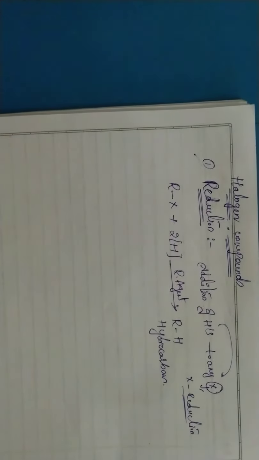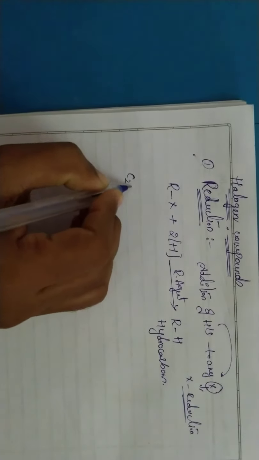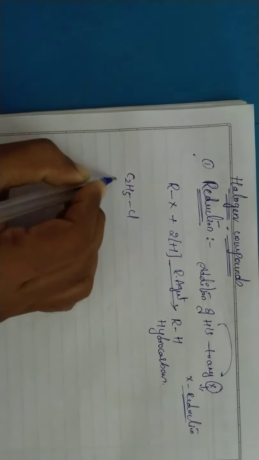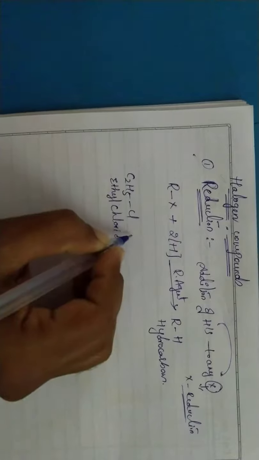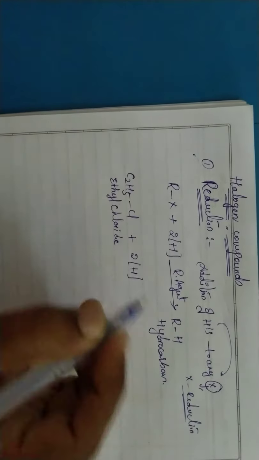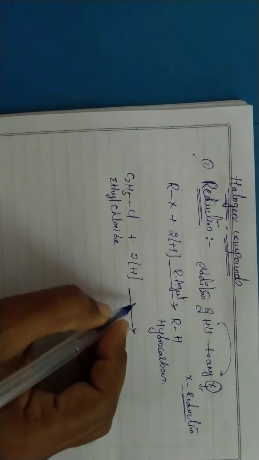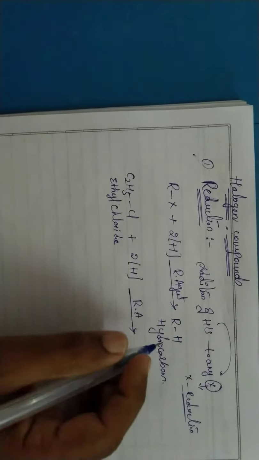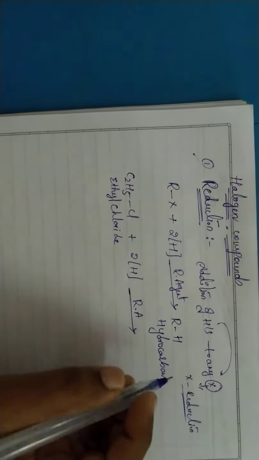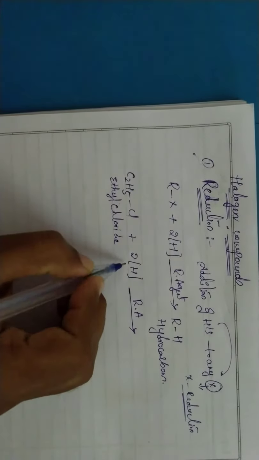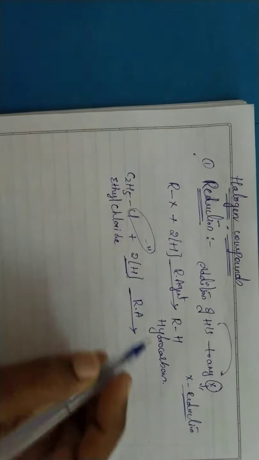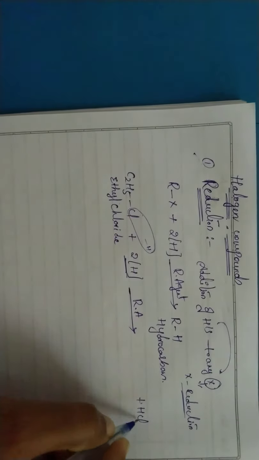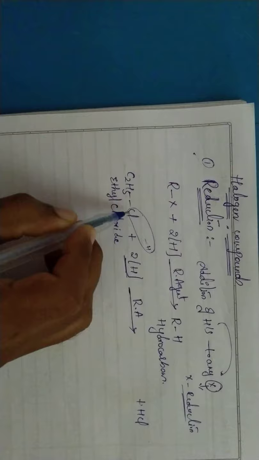Let's see by taking an example. For example, I am taking C2H5Cl, that is ethyl chloride. When ethyl chloride reacts with nascent hydrogens in the presence of any reducing agent, we'll discuss what reducing agents we have. Here two hydrogens are there. One hydrogen reacts with the Cl and is converted into HCl, and the other hydrogen replaces the Cl.